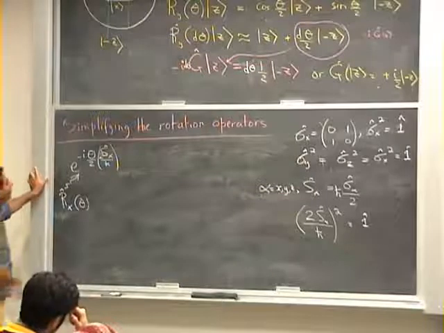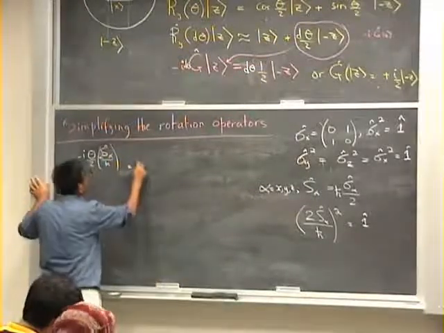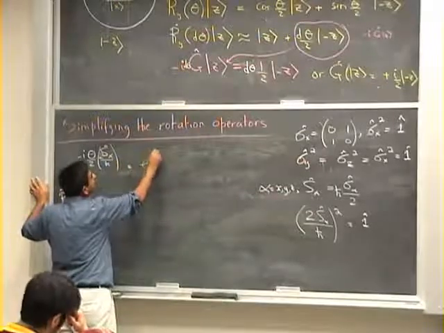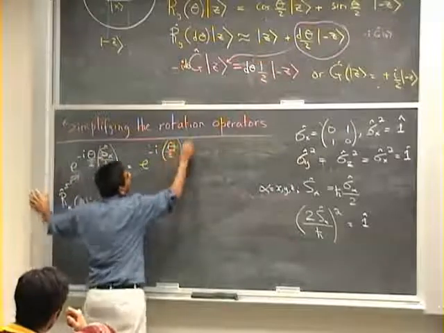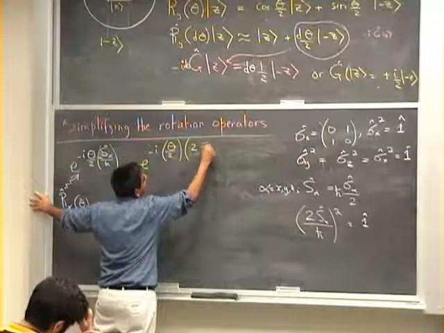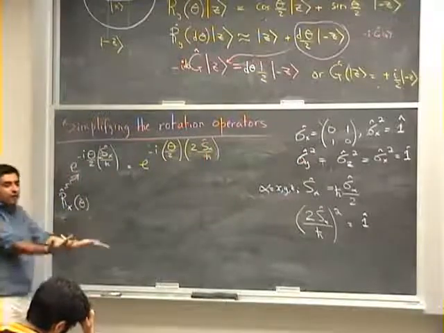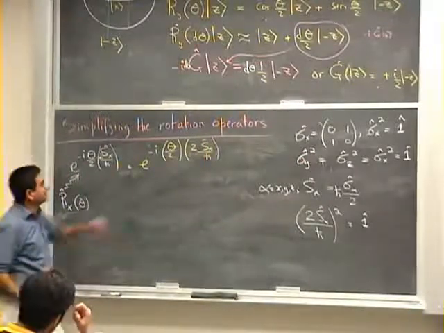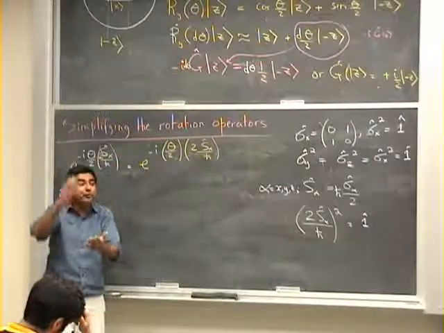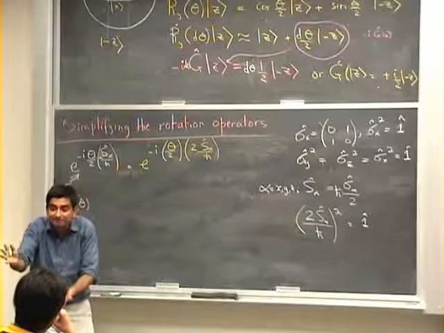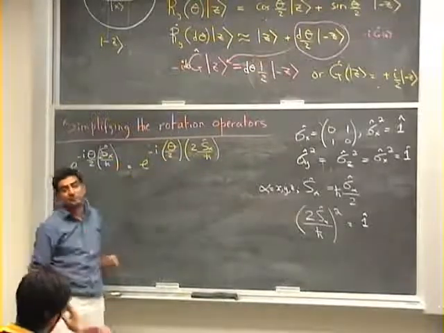Now this operator, which I am going to rewrite with clarity, e to the power minus iota theta by 2 into 2 times Sx divided by h bar, has now been written in a form such that there is some angle here. It's not theta, it's theta by 2.